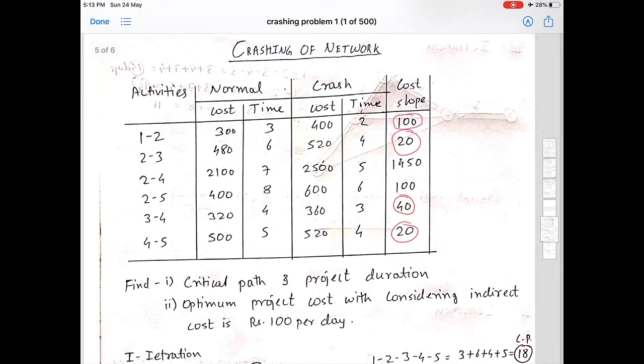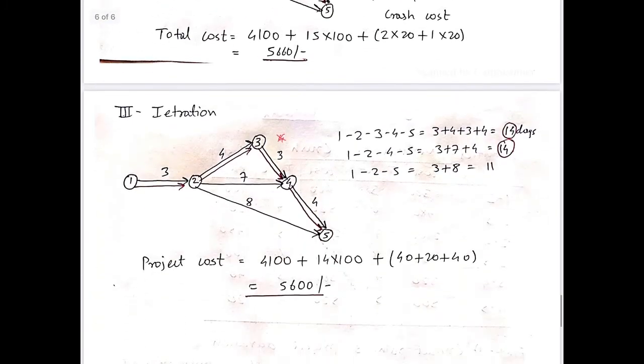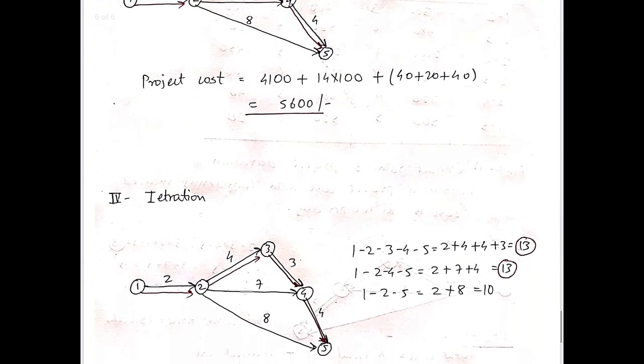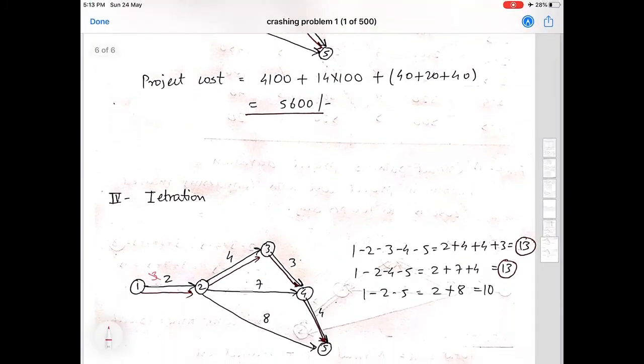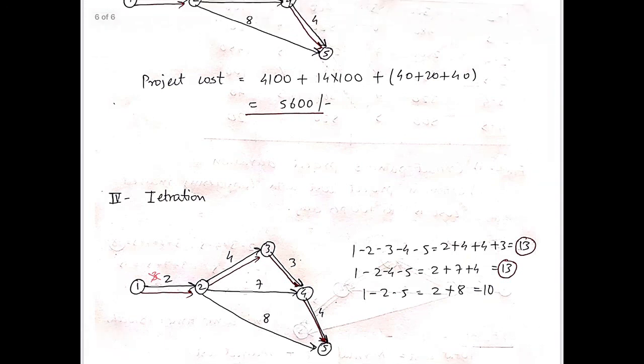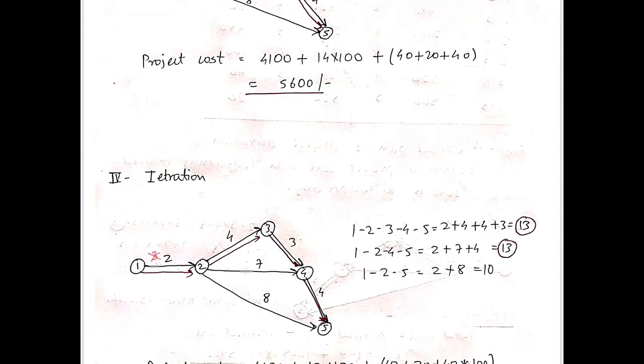So by using your table, as you can see, activity 1-2 has a cost slope of only 100. So we'll crash activity 1-2 by a week. By crashing activity 1-2 by a week, the network is the same, just here there were 3 weeks, now it will take only 2 weeks.